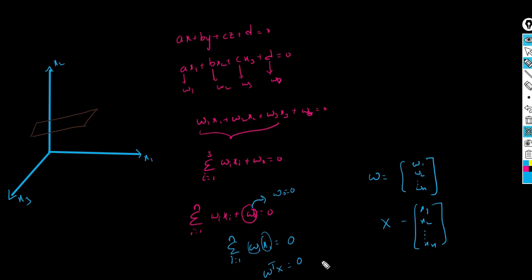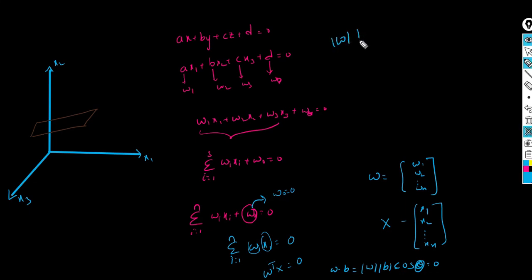We can observe one thing: the dot product equal to 0 means w dot x equal to 0, which means modulus of w times modulus of x times cos theta equal to 0. This means theta is 90 degrees.